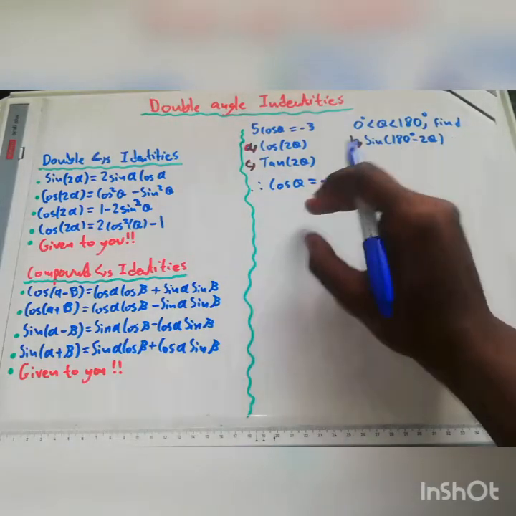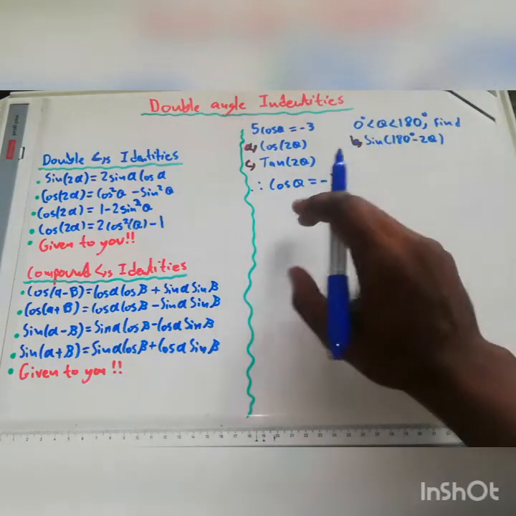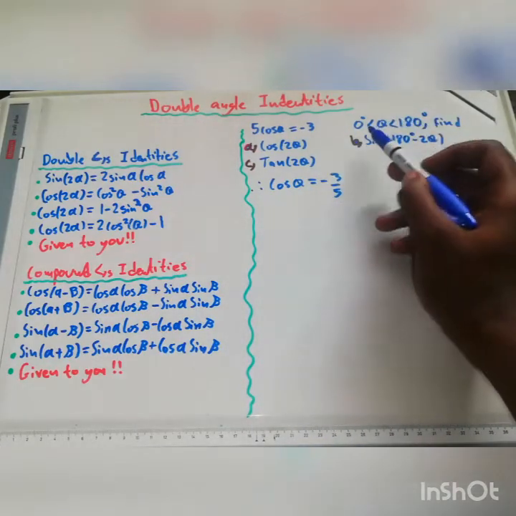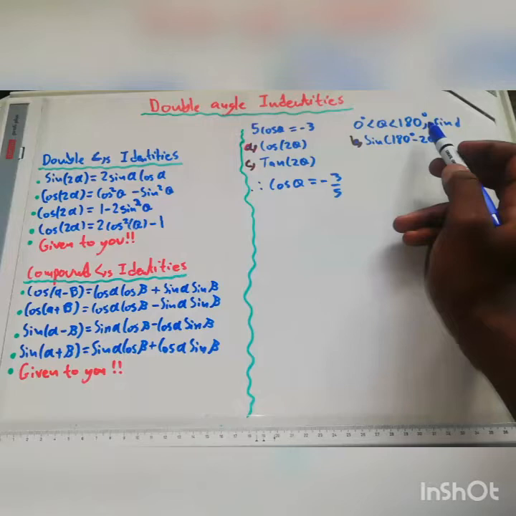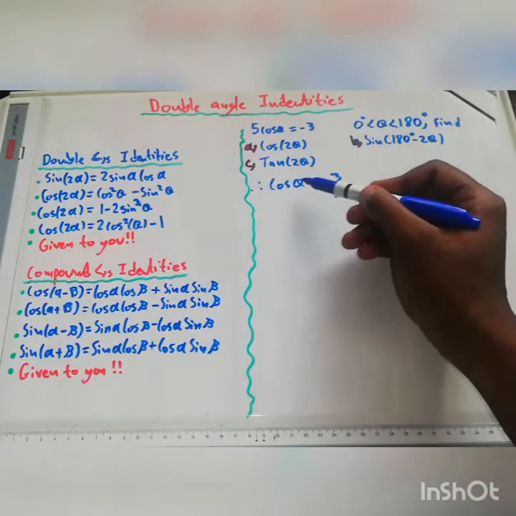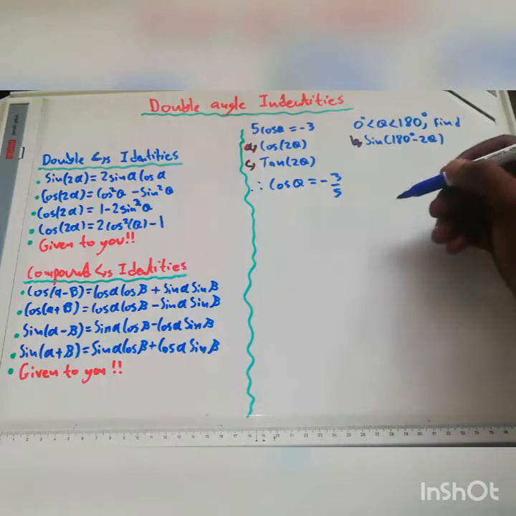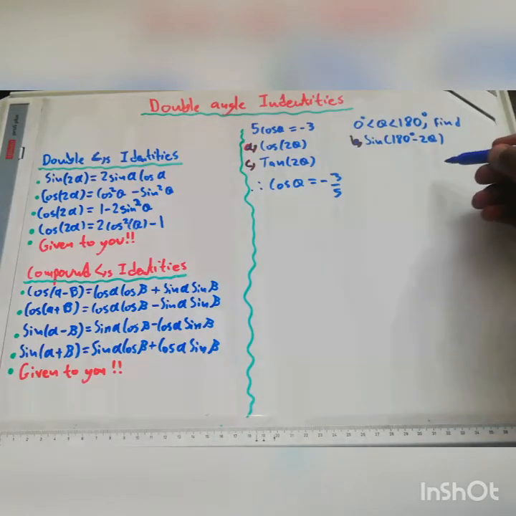But then you are told that in the Cartesian plane, the triangle you are trying to draw must be between the first and the second quadrant. And you can see here that cos theta is negative. So between the first and the second quadrant, where is cos theta negative? It's in the second quadrant.